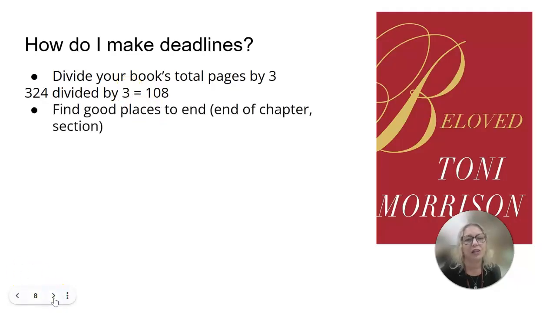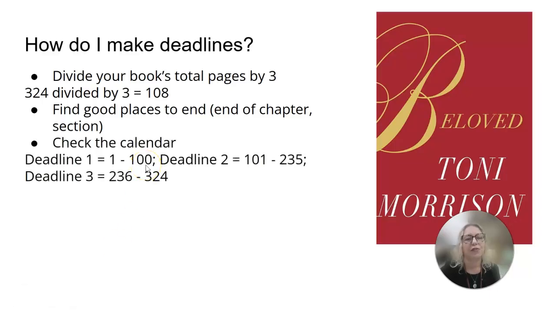But when I look in the book, I notice that the first deadline, if I wanted to end on 108, it's not going to work because there's not a break at the end of a chapter. These chapters in this book, by the way, aren't numbered. You can just tell because of the spacing where the chapters are. And the next good place to stop wasn't until like page 135 or something like that.